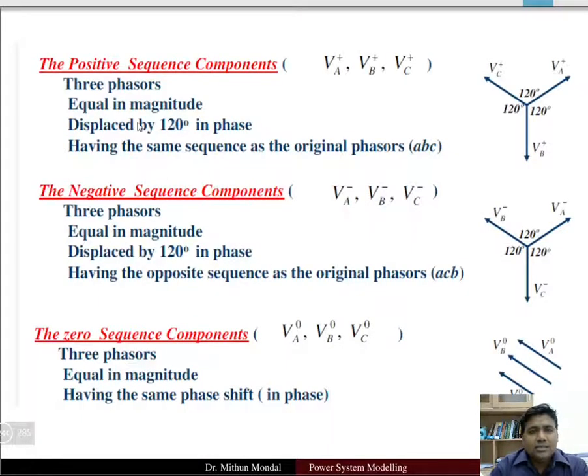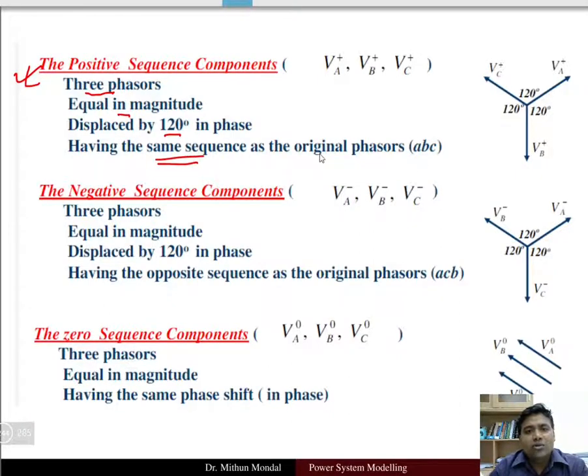Now let us see how the positive, negative and zero sequence components look. In a positive sequence component, all the phasors are equal in magnitude and displaced by 120 degrees, with the same sequence as the original phasors. If the original phasor has ABC phase sequence, then the positive sequence components will have the same phase sequence ABC.